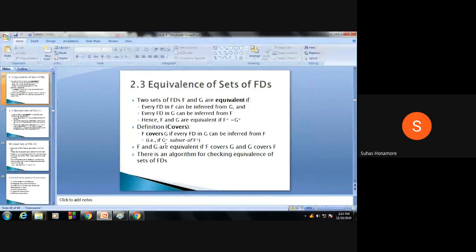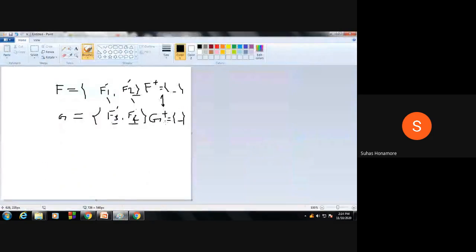Suppose both are not equivalent. If F plus and G plus are not equivalent, it means one is greater than the other. Suppose F plus has 5 FDs and G plus has 4 FDs, and all these 4 FDs belong to F plus.